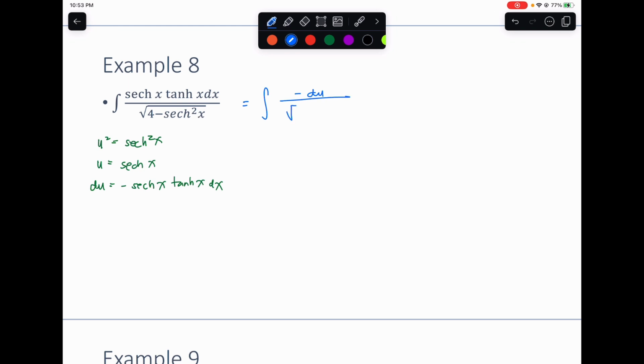Divided with, I'll have a squared be 4 and a be 2, so we have a squared minus u squared. Which makes it negative arc sine of u over a, that is hyperbolic secant x over 2.